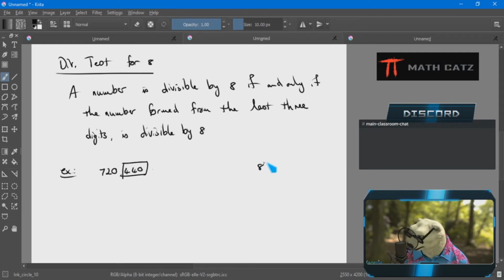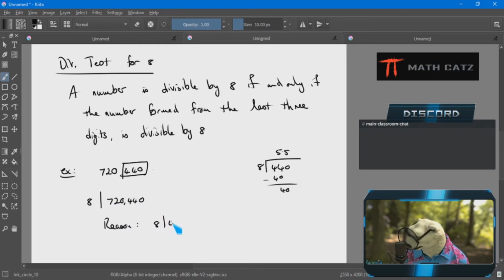And I can quickly do that. I'll scribble it to have something to look at. 8 goes into 40 5 times. 5 times 8 is 40. So I have 40 left. So 55 will definitely work. So 8 divides into the original number. My reason?